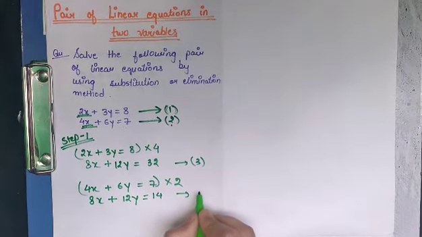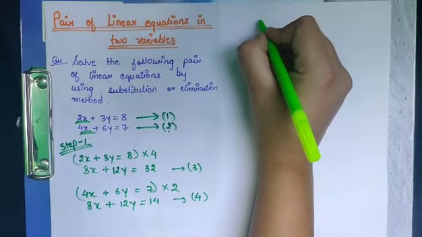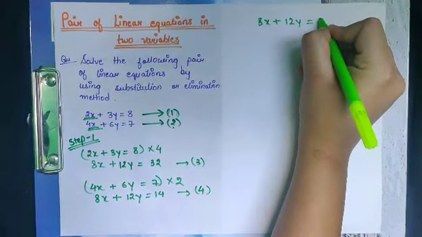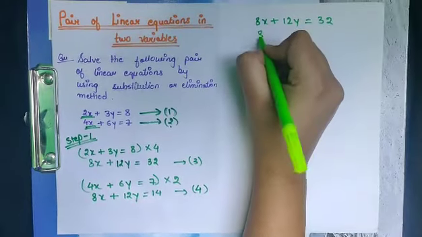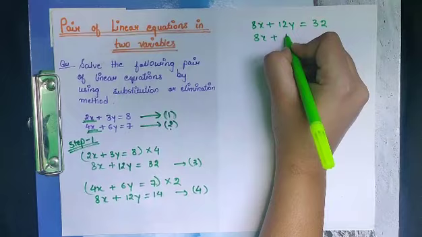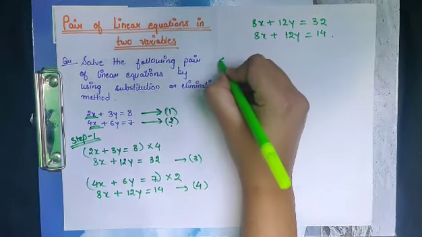This is our equation 4. So let's write them again. 8x plus 12y equal 32, 8x plus 12y equal 14. Step second.